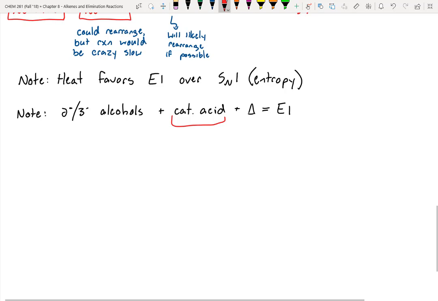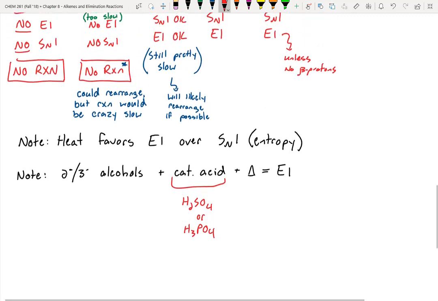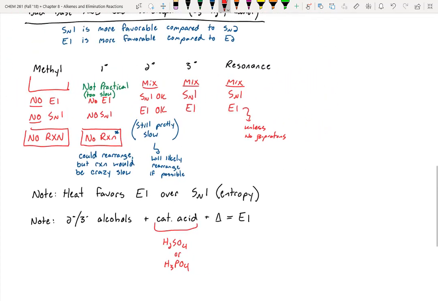And what's a common catalytic acid that we'll see? There's two, I guess. In lab, we use H2SO4 or H3PO4. These really, really favor E1. They don't favor SN1 at all. So this is one way of favoring E1 over SN1 and not really getting a mixture. Why is that? Why don't we get any SN1 with these?